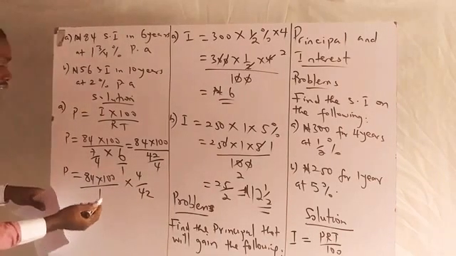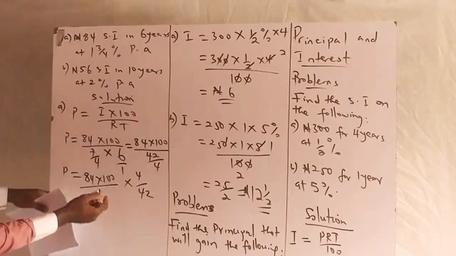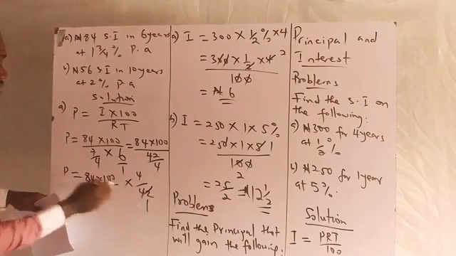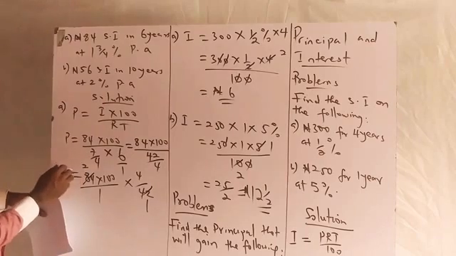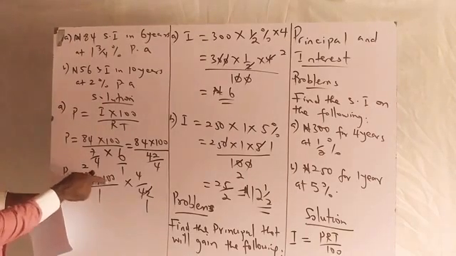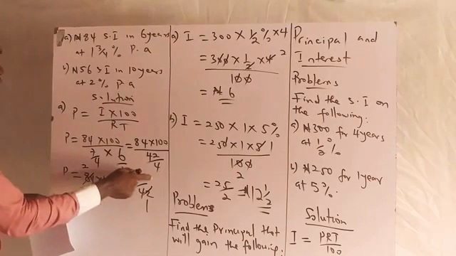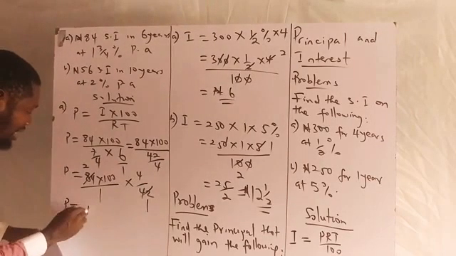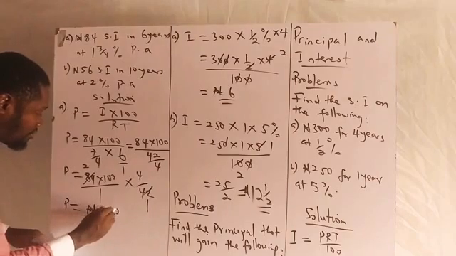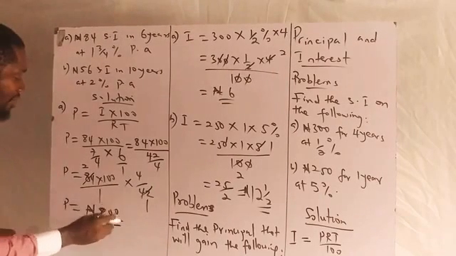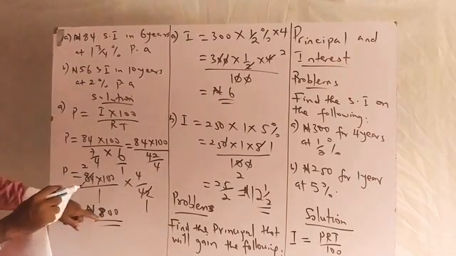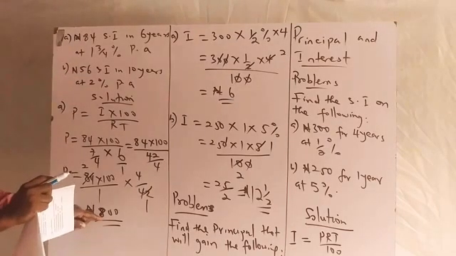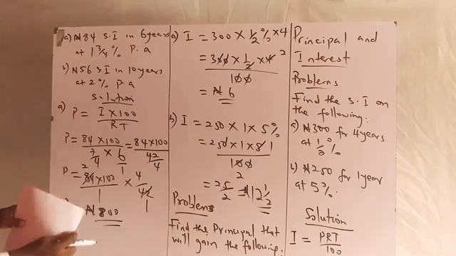If I change the division sign, so 42 divided into 84 is 2. So multiply 2 times 100 is 200, times 4. You're going to have 800 as the result. So our principal is 800 naira. So 800 naira is the exact principal that gave 84 naira.